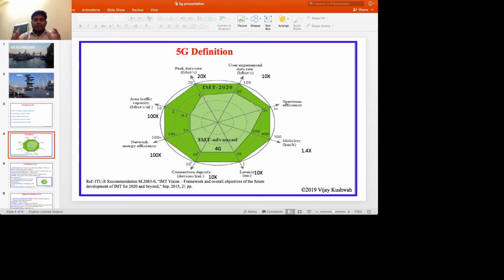So this is the 5G definition. We will continue with further applications, layers for 5G, frame structure and all. Okay, thank you.